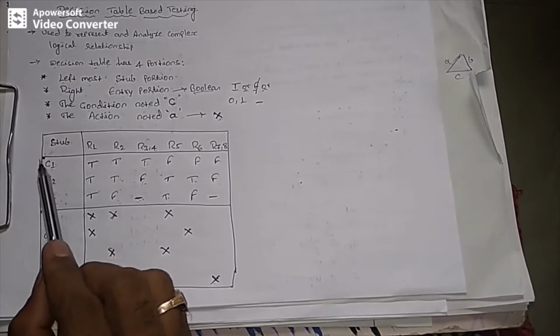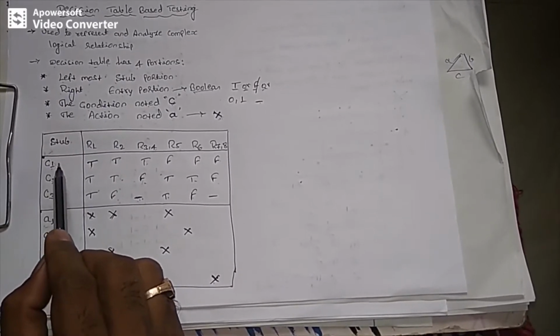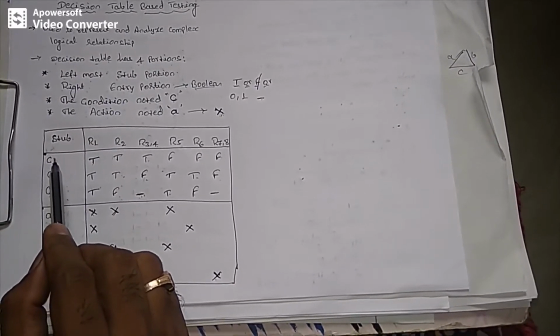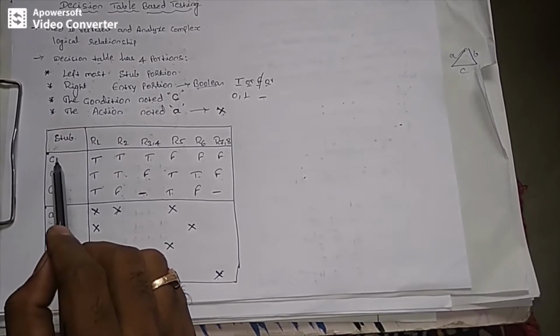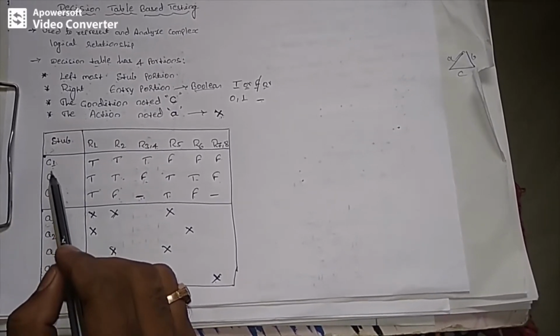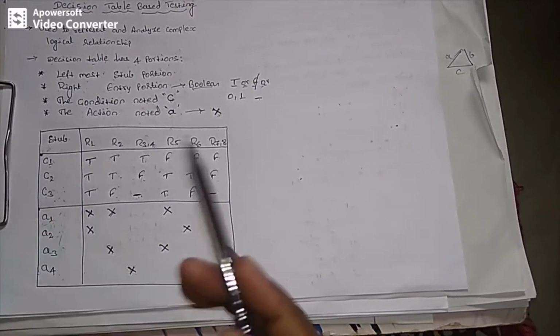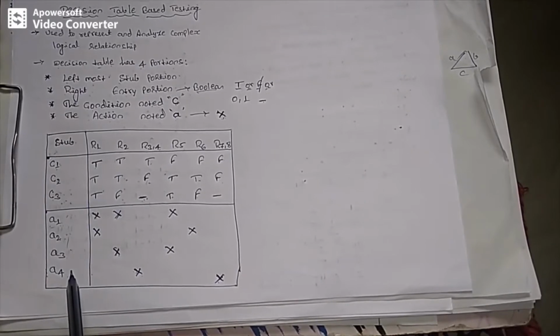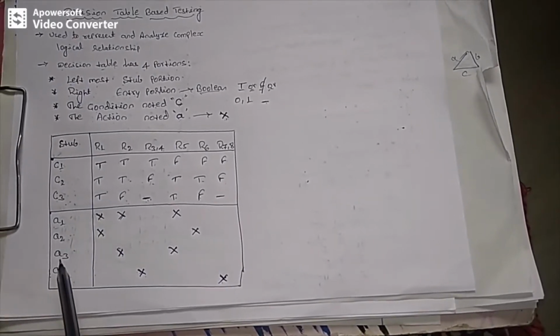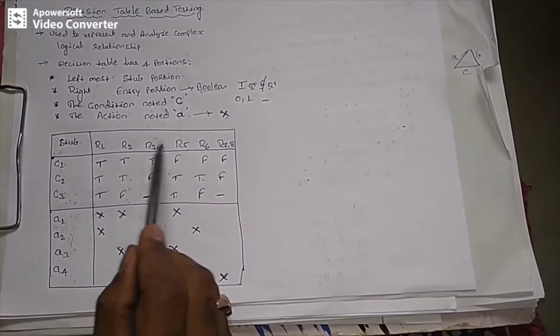The conditions are in the program which will execute. It will accept the input and, based on the input, start to check the conditions. Based on true or false, our output result will be expected, that is A1, A2, A3 or A4.